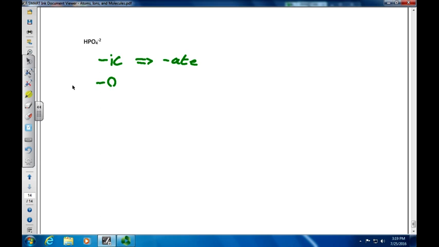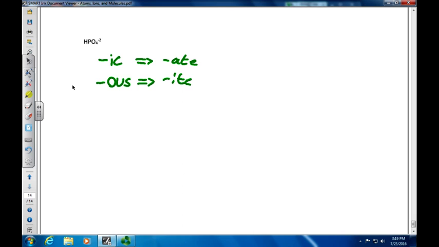Similarly, acids that end in the OUS would have a corresponding anion that would end in an ITE. So for this particular piece, you'd have to look at the corresponding parent acid for this oxoanion.